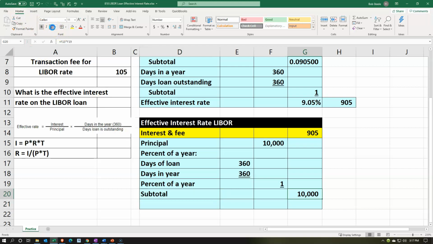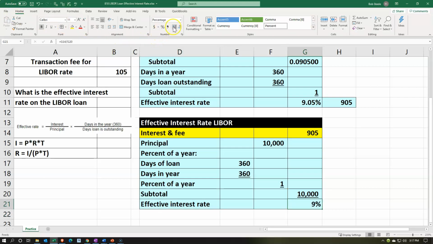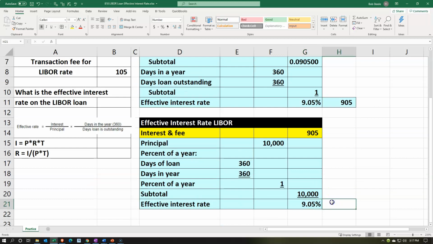Home tab, font group, and underline. This once again gives us the effective interest rate, which is going to be that 905 divided by the 10,000. If we percentify that, home tab, number, percentify, add a few decimals, once again we get 9.05%, which is greater than the 9% rate if we could get that.